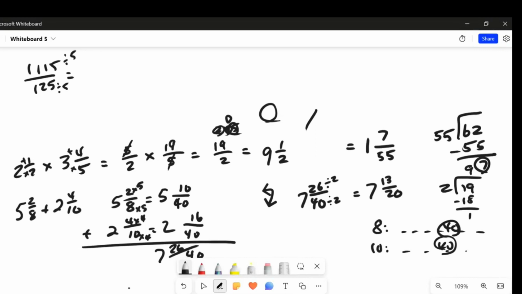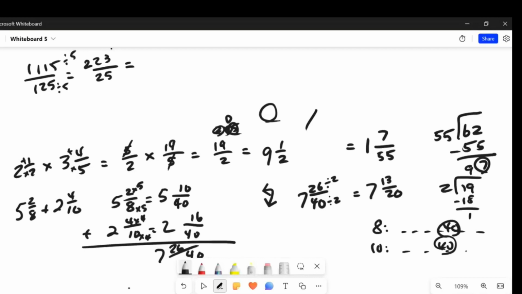And so if numbers end in 5, then they are divisible by 5. So 1,115 divided by 5 is 223. And 125 divided by 5 is 25.